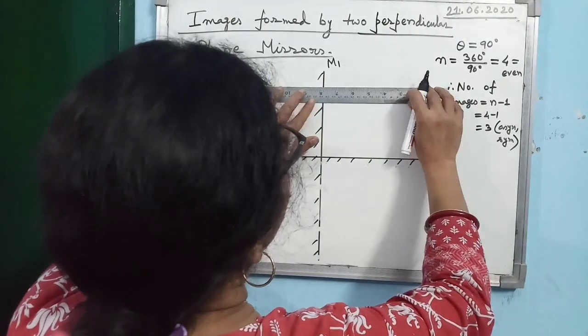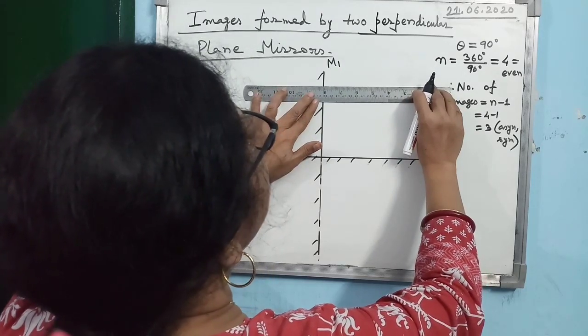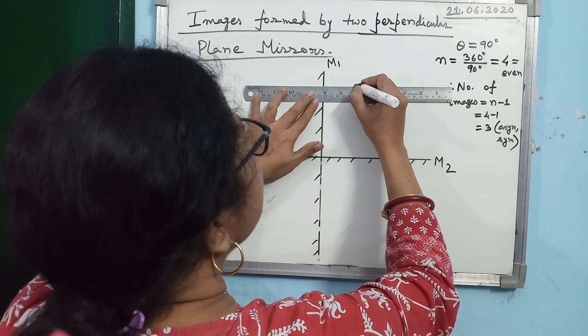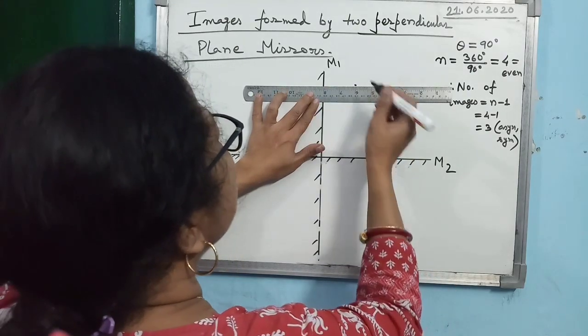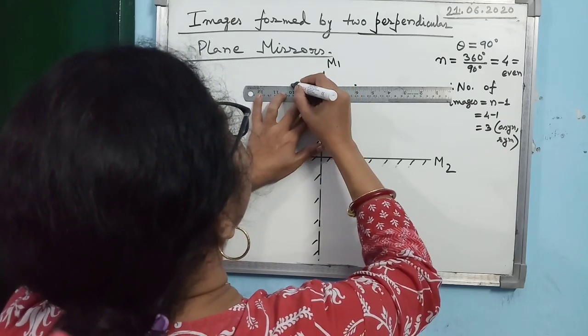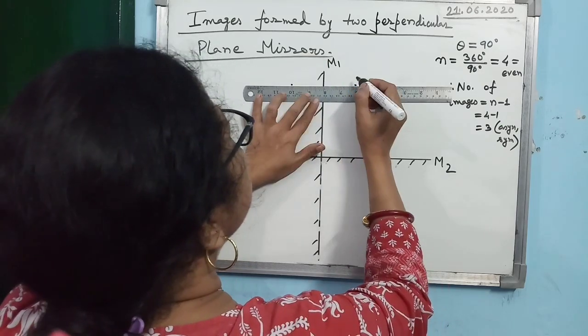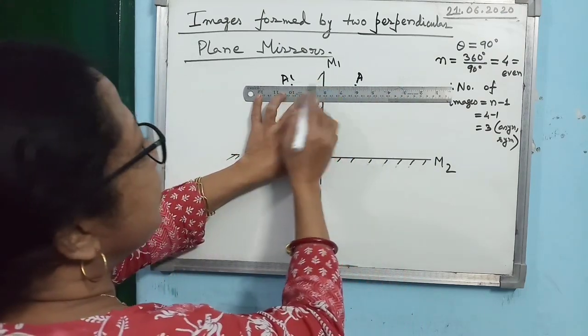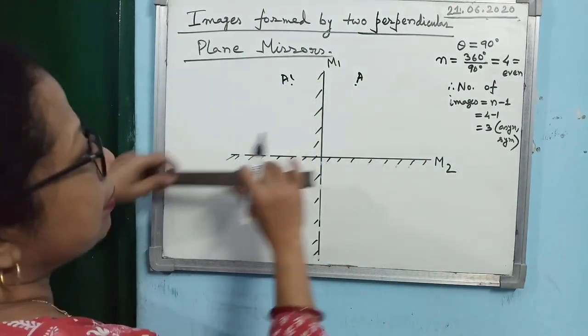Along the fourth line, you keep your scale and mark the object, suppose at a distance of 4 centimeters in front of the mirror. Then you mark another point, suppose the object is A, and name the image A1 behind the mirror at the same distance.